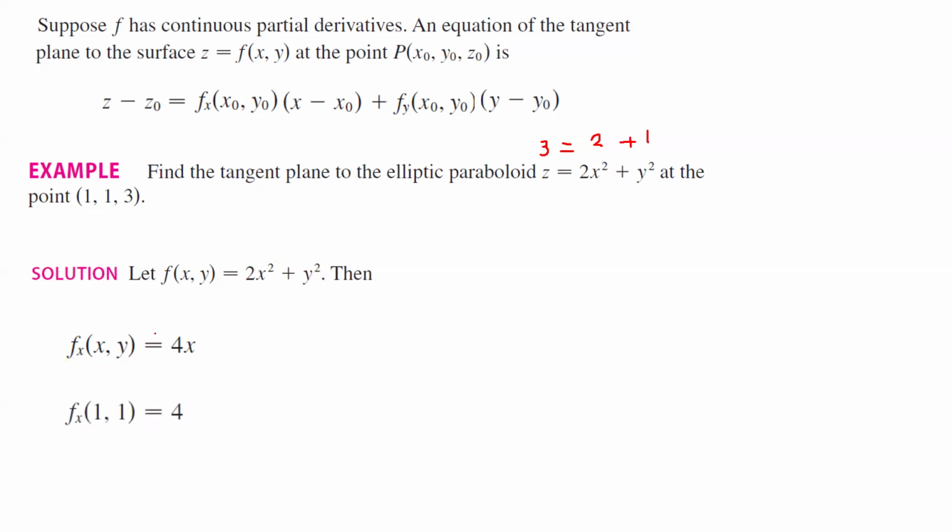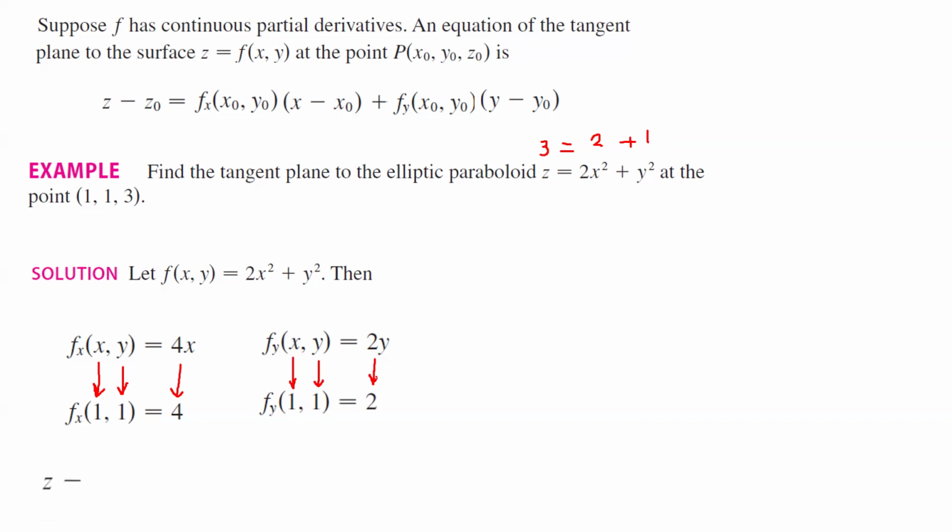If you plug in 1 and 1 for x and y, your rate of change with respect to x becomes 4 times 1, or 4. Now to take the partial derivative with respect to y, set x equal to a constant. The derivative becomes 0 plus 2y. When you plug in 1 and 1 for x and y, your rate of change becomes 2.